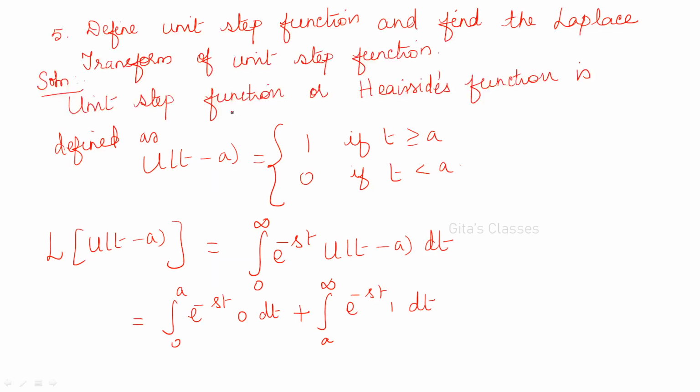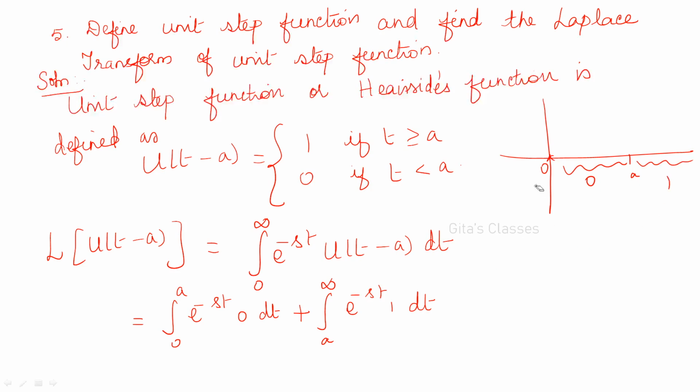Okay. So next is define unit step function and find the Laplace transform of unit step function. Unit step function is defined as 1 and if you represent this geometrically, it is 0 up to a. In this interval it is defined as 0, and in this interval it is defined as 1.